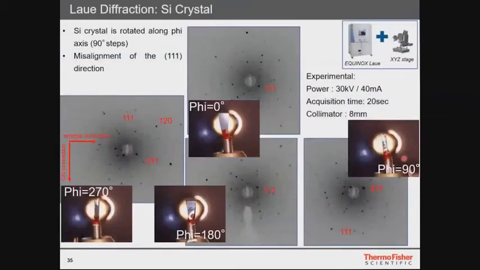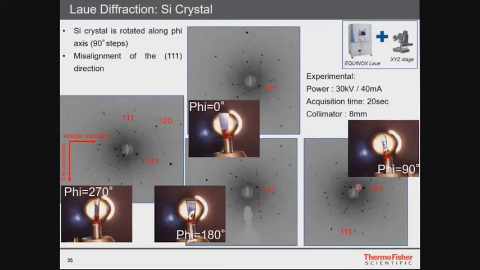Our first experiment is on a single crystal of silicon, which we rotate along the phi axis in 90-degree steps. Here is 0 degrees, where you can only see the 111 plane of this crystal. And it's the same in the 180-degree position.